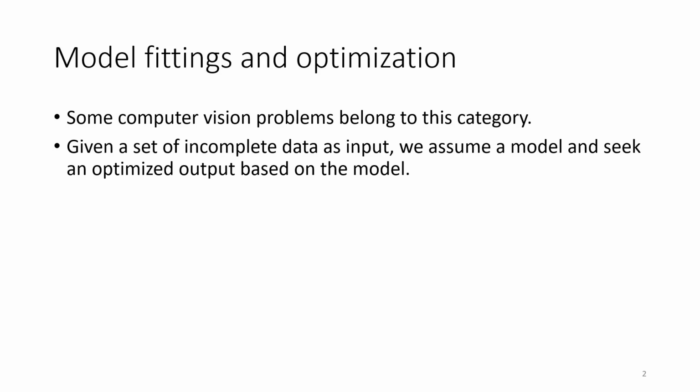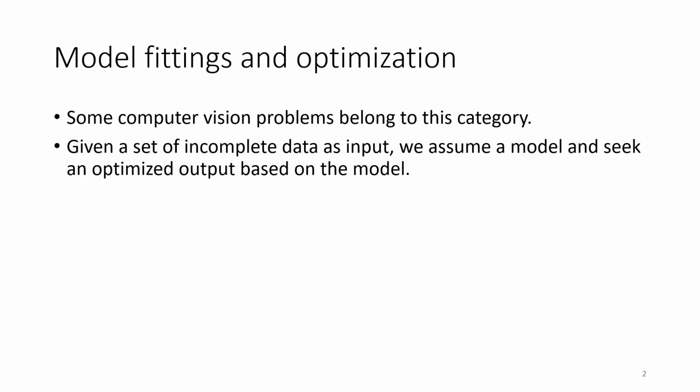Okay, so now we are going to talk about chapter 4 of our textbook. The topic of chapter 4 is model fitting and optimization. Why did the authors create such a chapter? Because some computer vision problems belong to this category.